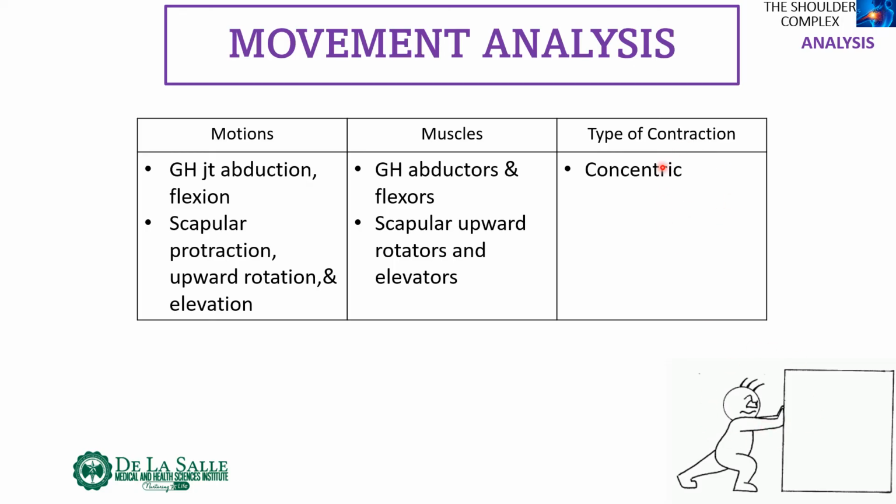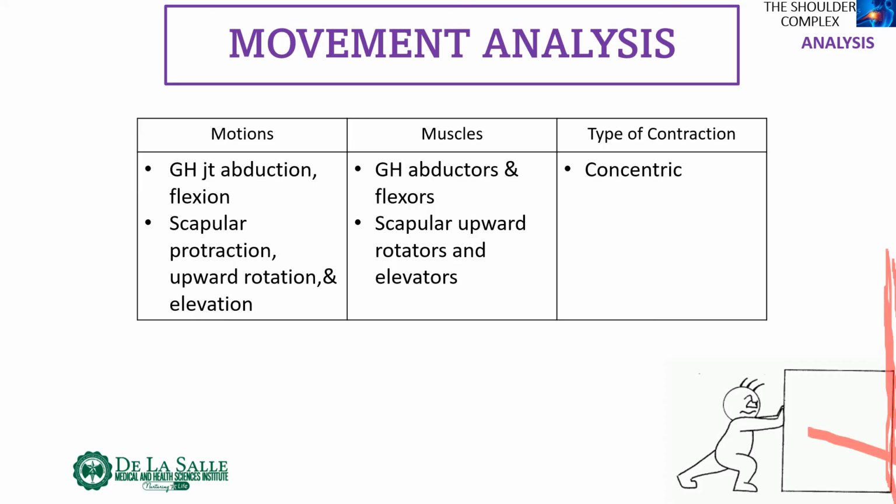Type of contraction: since you have to push the object forward, concentric. But for example, you cannot push it forward anymore because it is against a wall, and there is no movement happening anymore.